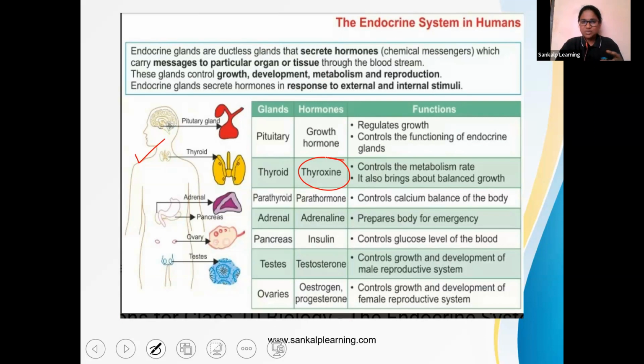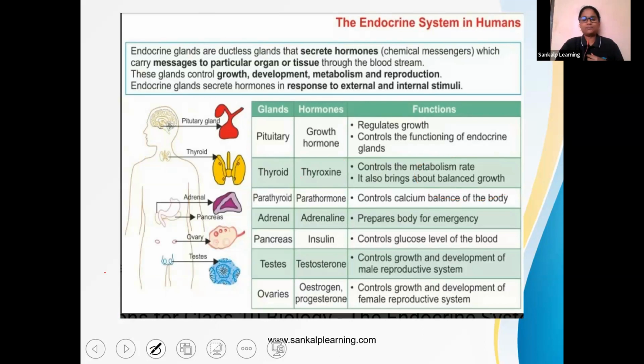Metabolism rate means the speed of the reactions in the living organism. That will be controlled by thyroxine. It also brings about balanced growth. Balanced growth is brought about by thyroxine, the thyroid hormone.